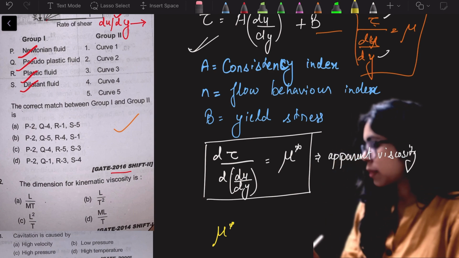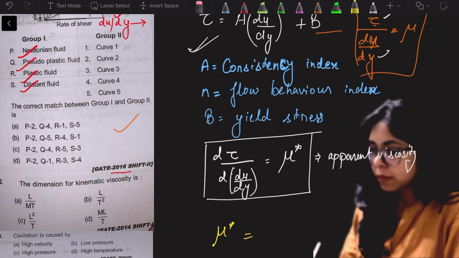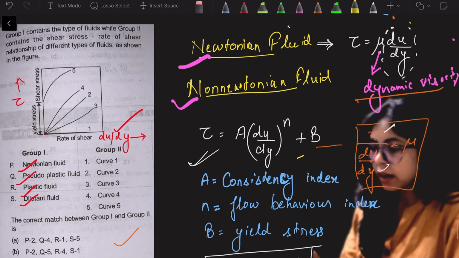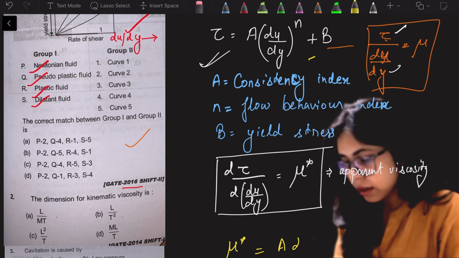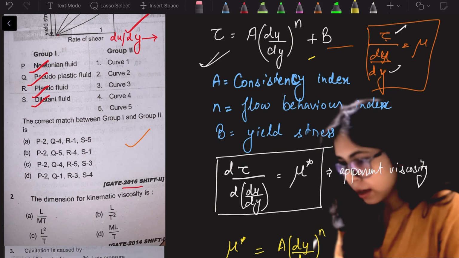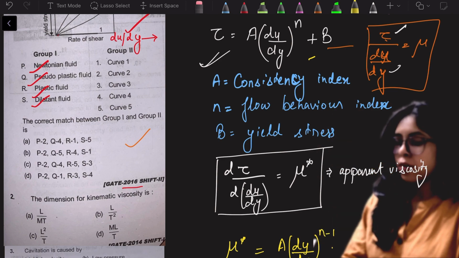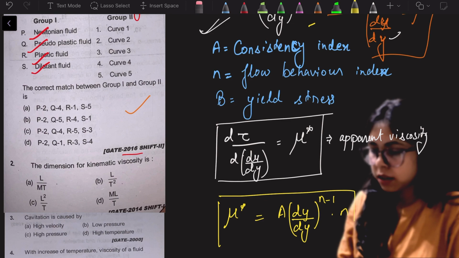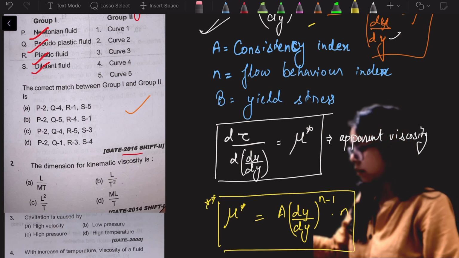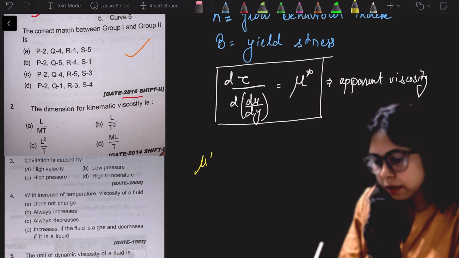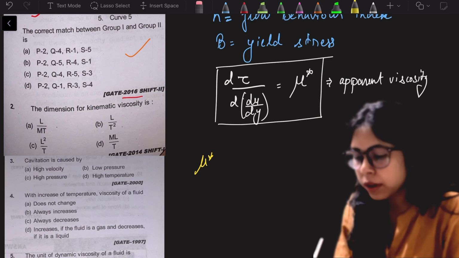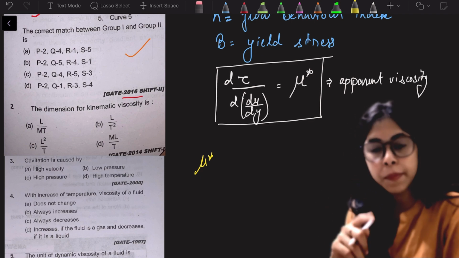If we compare, this mu star will have (du over dy) to the power n minus 1, into A times n. So this is the equation of apparent viscosity, mu star or mu apparent, you can say anything.